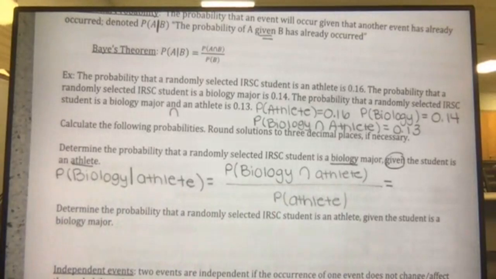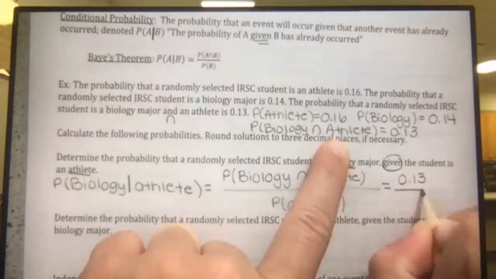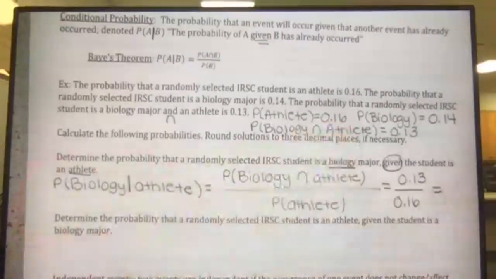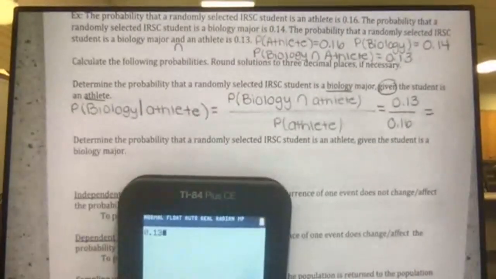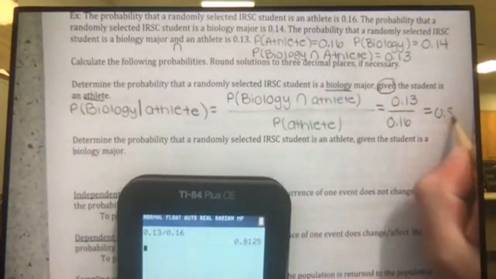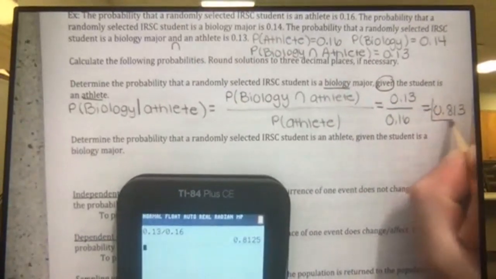So probability of biology and athlete, which is 0.13, all over probability of just an athlete, which is 0.16. Plugging that into my calculator, 0.13 divided by 0.16. Rounding it to 3 decimal places, we would get 0.8125, which would round up to 0.813.